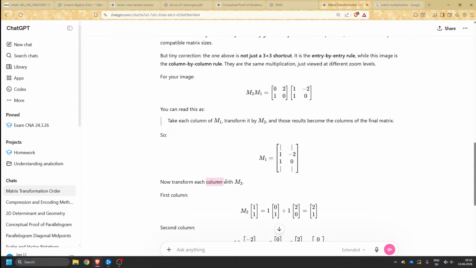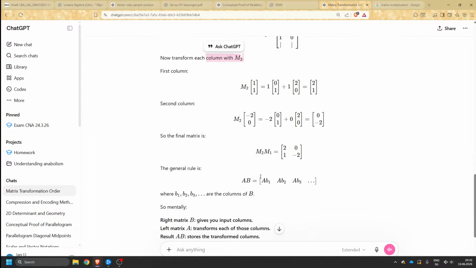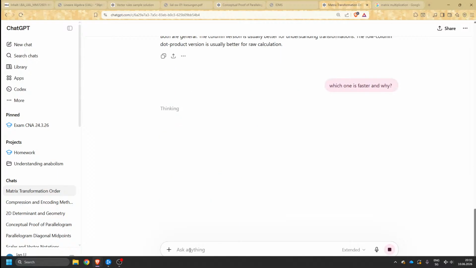Now transform each column with matrix 2. Yes, and then you arrive at that second column, and then you get the full column. One entry at a time. One whole column at a time. Which one is faster? One is faster. Why? There's gotta be a faster one.